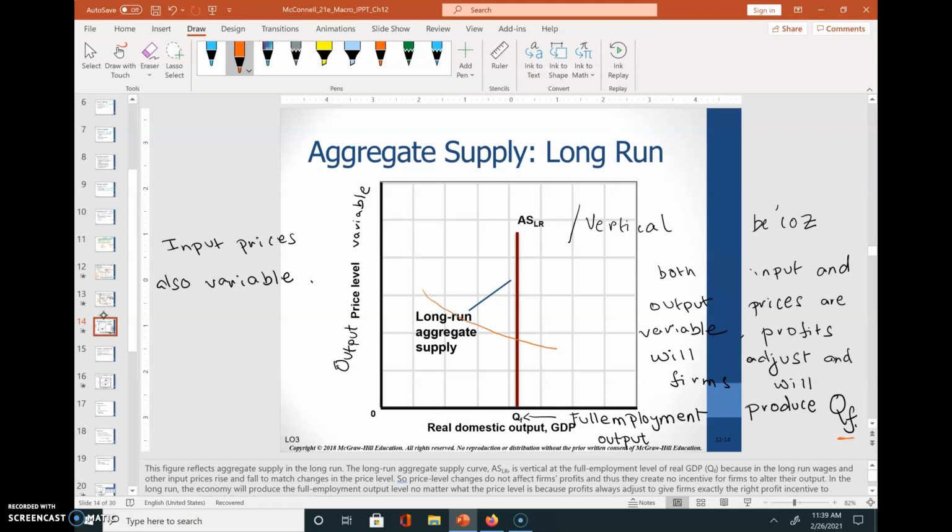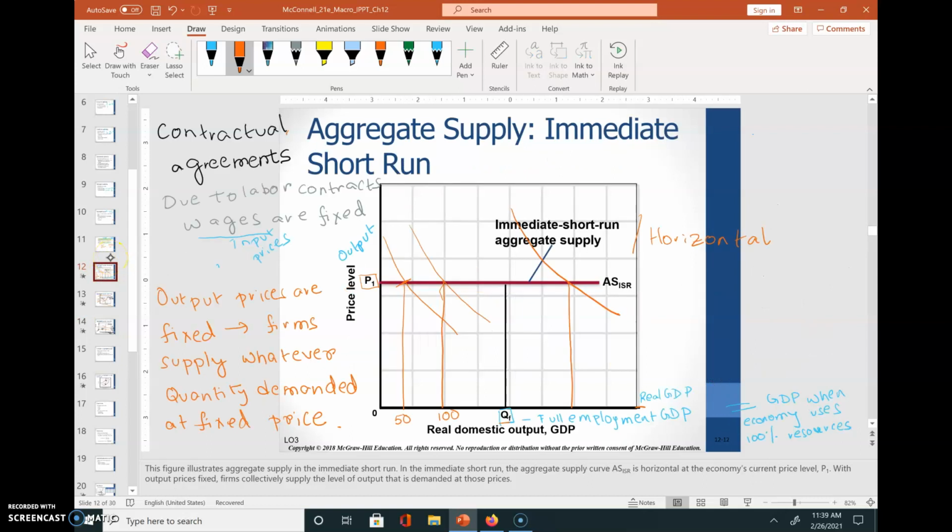So if the demand increases, say this is AD1, this is AD2, this will just increase the price level, but the output will be fixed. In the long run, output is fixed at the full employment level of gross domestic product.